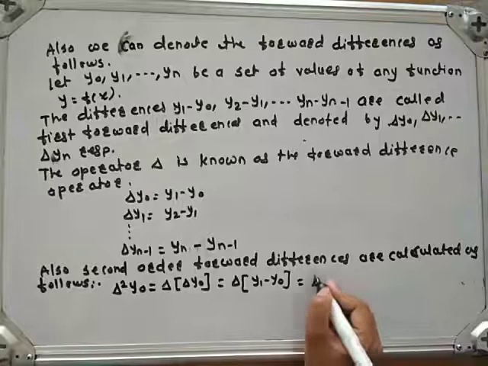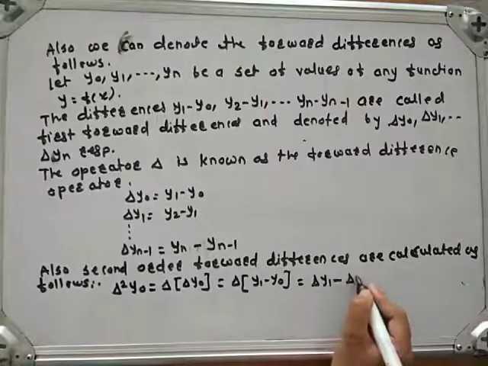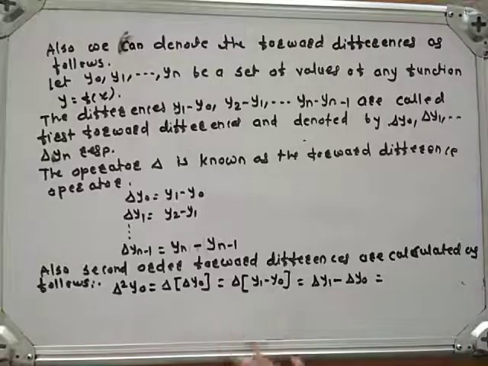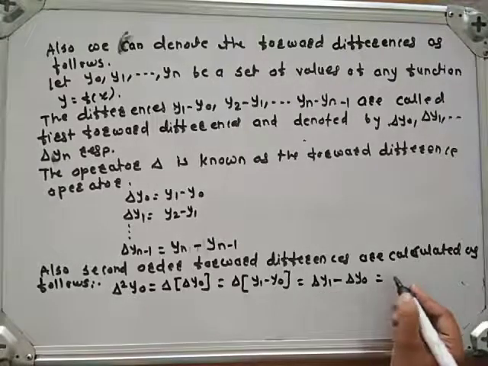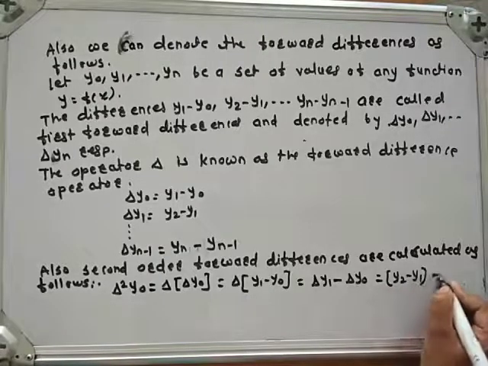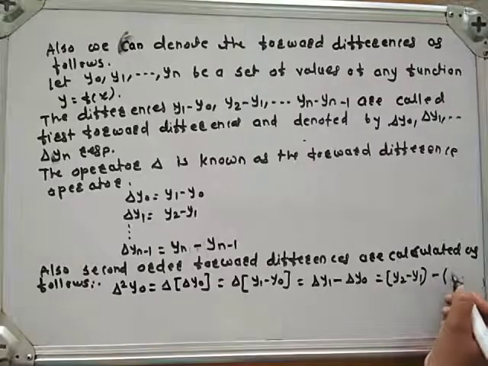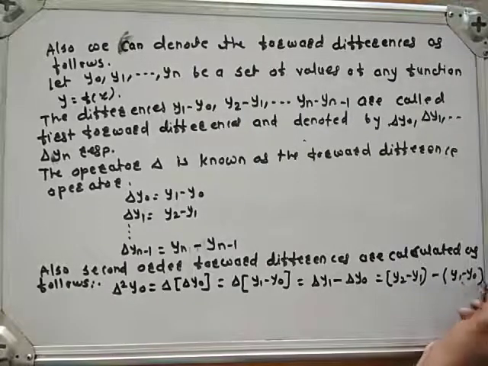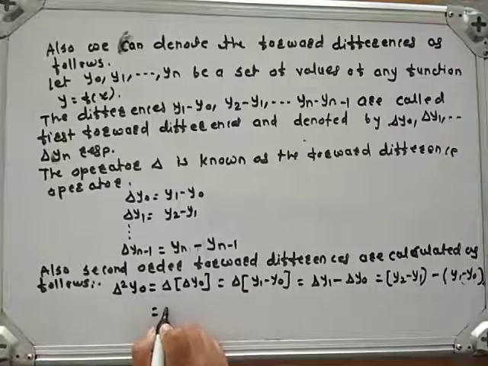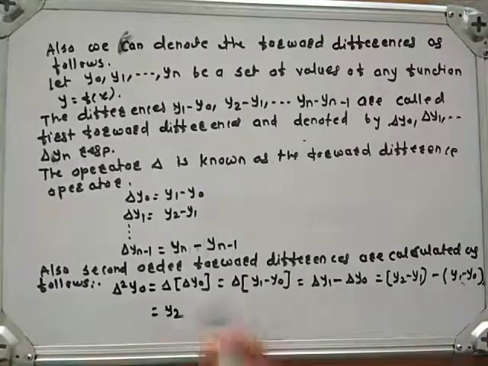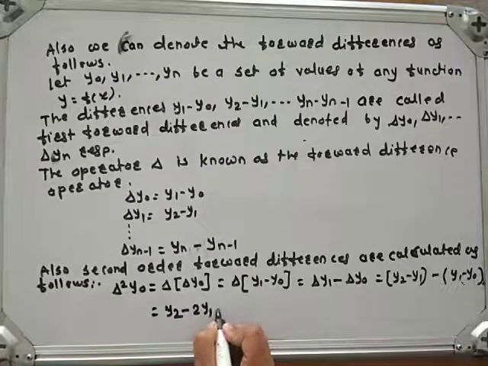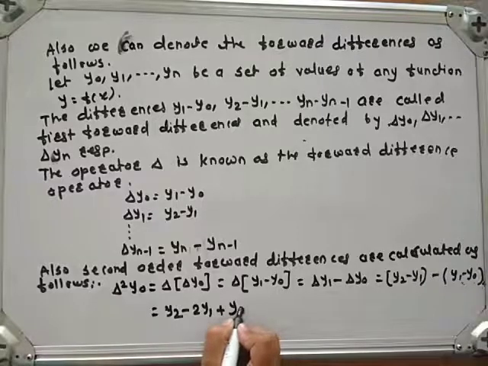Which is equal to y2 as it is, minus 2y1 plus y0.